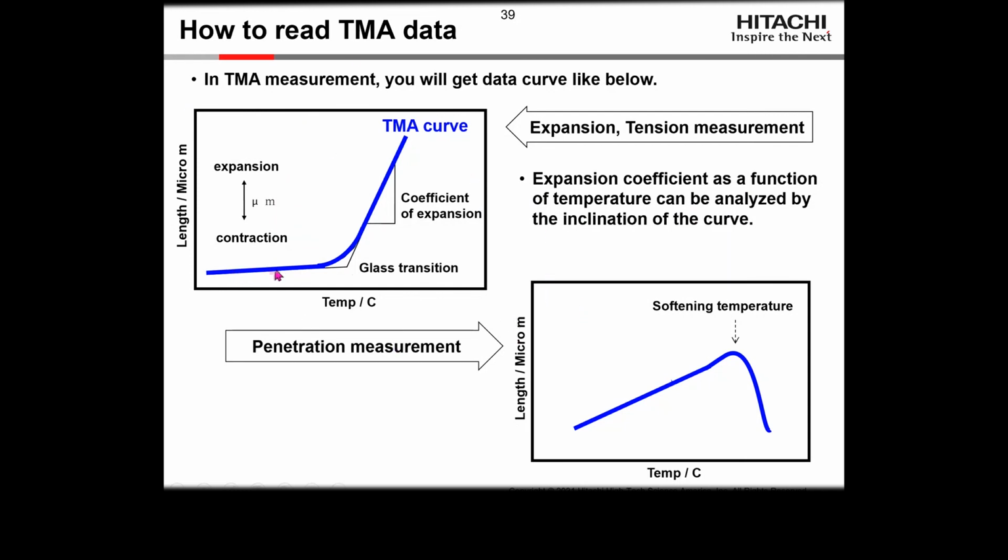If you're doing an expansion test in either compression or tension, you get a curve showing the expansion of the material, the CTE as a function of temperature, you get the glass transition region, and then you go into another expansion. For penetration and flexure methods, you get a curve that may or may not have a little bit of slope to it, and then at some point the curve drops as the material penetrates or folds.